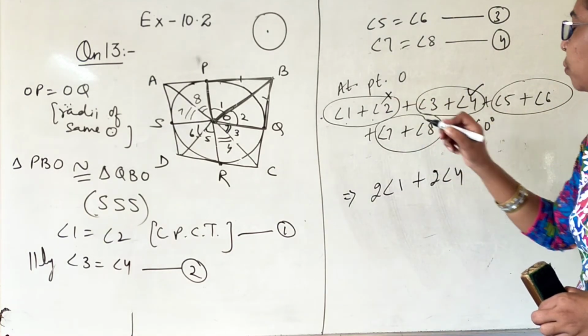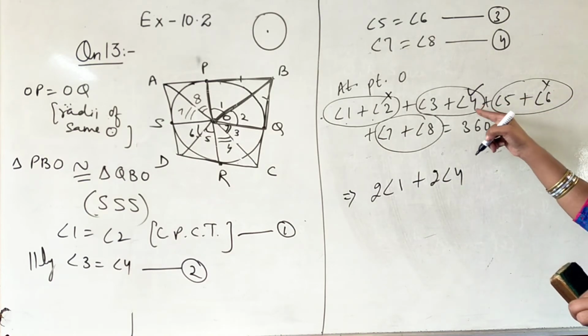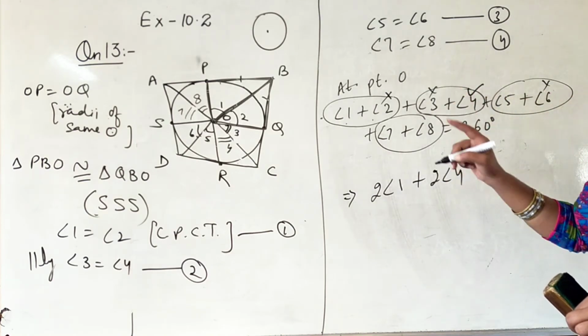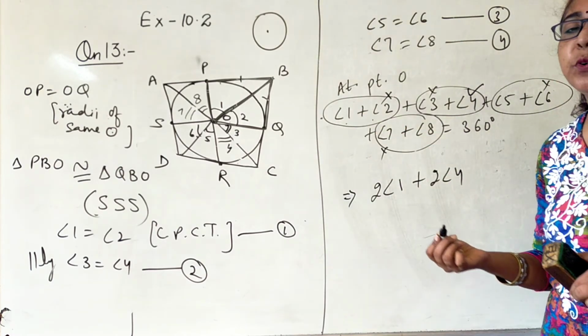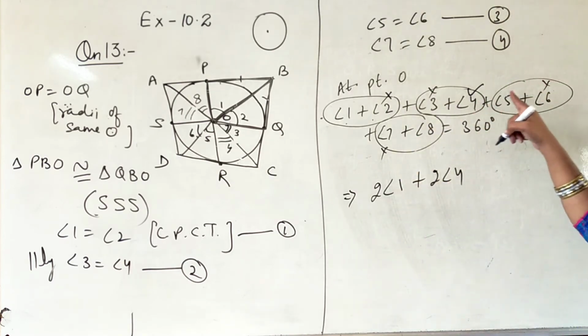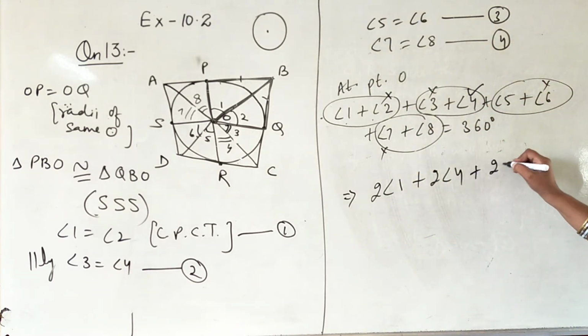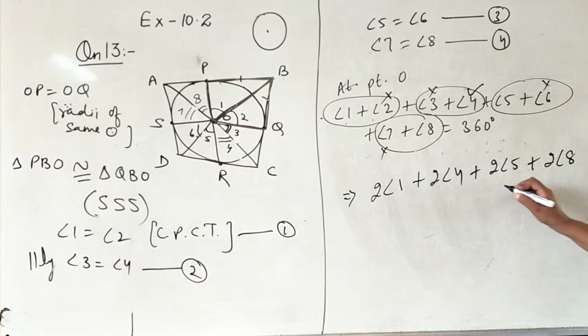We have to remove 2, then we have to remove 6, we have to remove this 3, and the last is 7. You have to note down which angles to remove so that you can do the question. So here also we can write it as twice of angle 5, and this will be twice of angle 8, and all of this will be equal to 360.